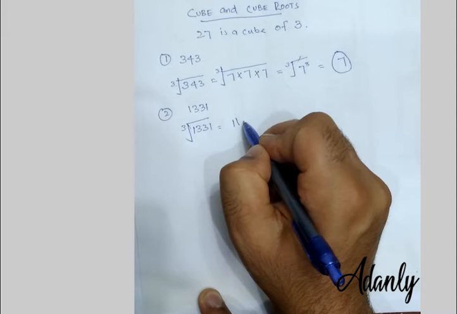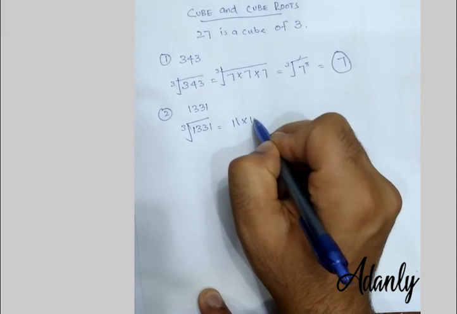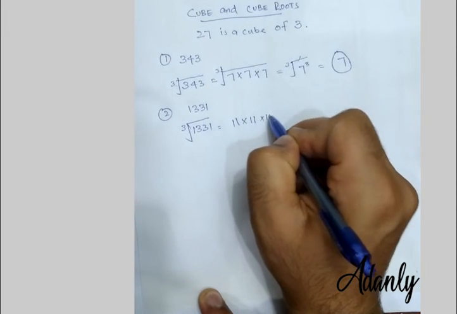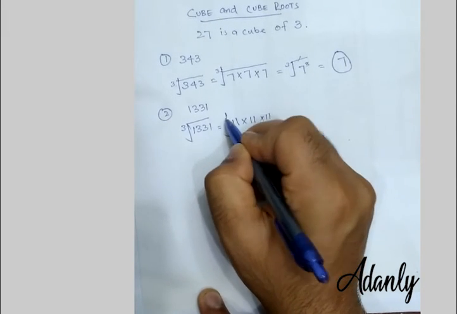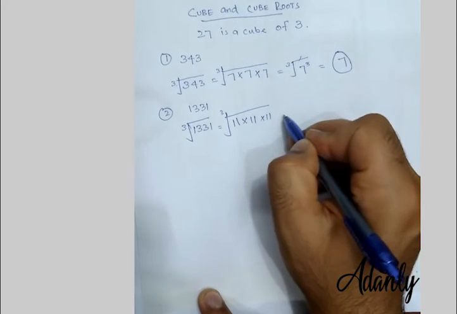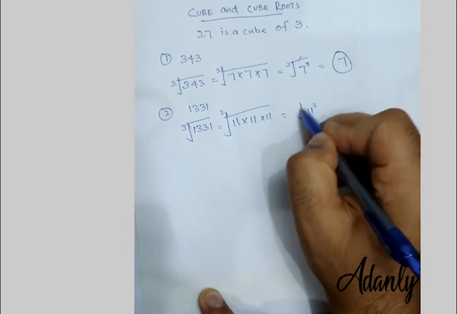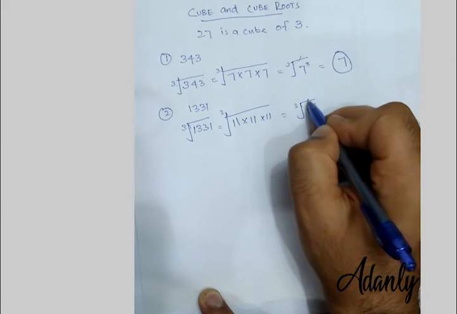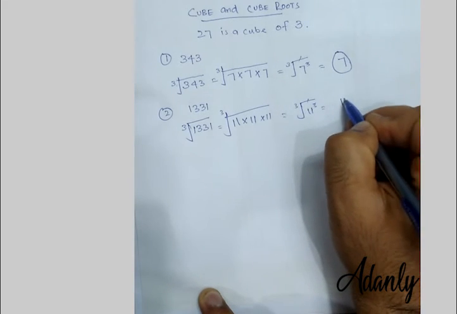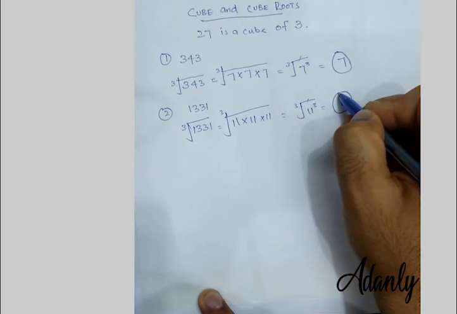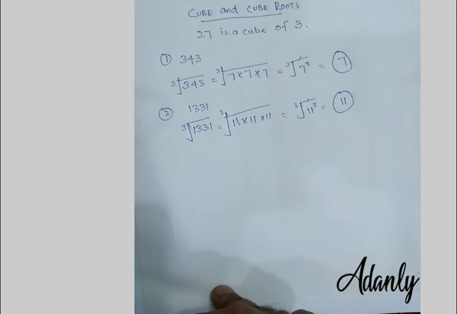So write it as 11 into 11 into 11 under the cube root. So we can write it like this. Cancel it with this, and we have just 11, which is the cube root of 1331.